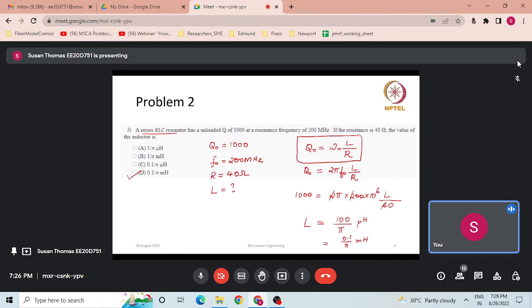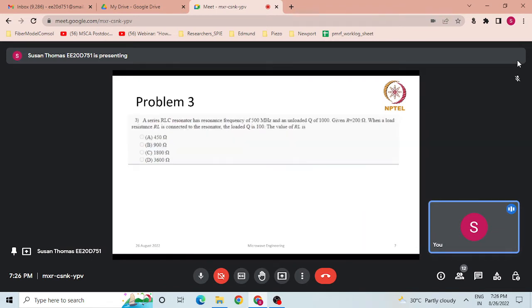So let's move on to the next question. A series RLC resonator has a resonance frequency of 500 megahertz. So let us note down, this is a series RLC. You have a resonant frequency of 500 megahertz and an unloaded Q factor of 1000, and given R is equal to 200 ohms.